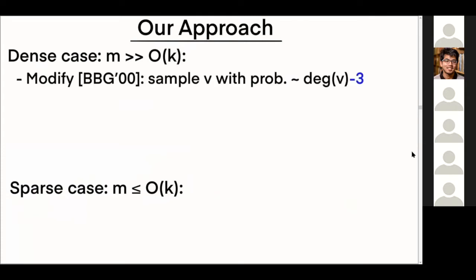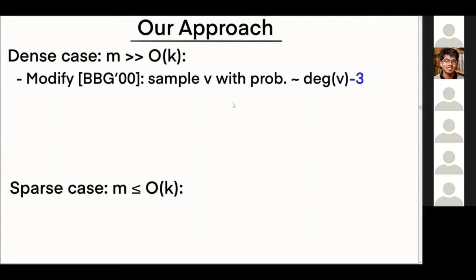So in the dense case, we want to modify the Becker sampling algorithm, and instead of sampling each vertex proportional to the degree, we want to sample v with probability proportional to degree minus 3. This is valid because every vertex v has degree at least 3 after we perform the initial reduction rules.